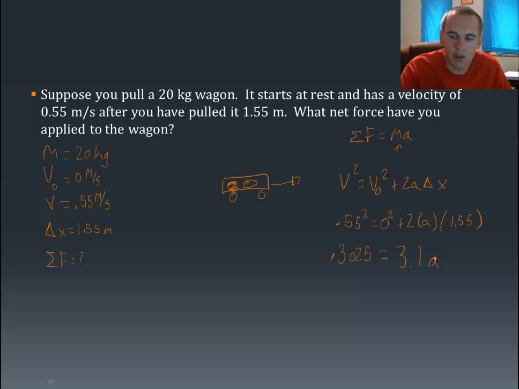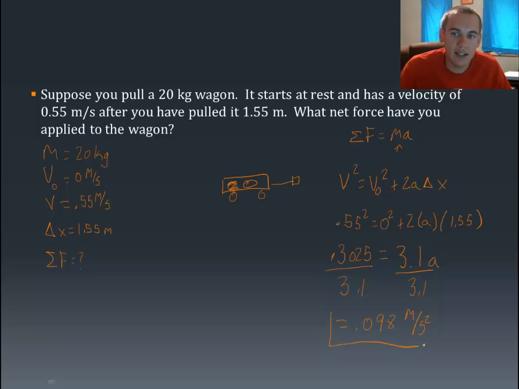So if we take 0.3025 and divide by 3.1, we get 0.0975. I'm going to go ahead and call it 0.098 meters per second squared. Oh, that's our acceleration.